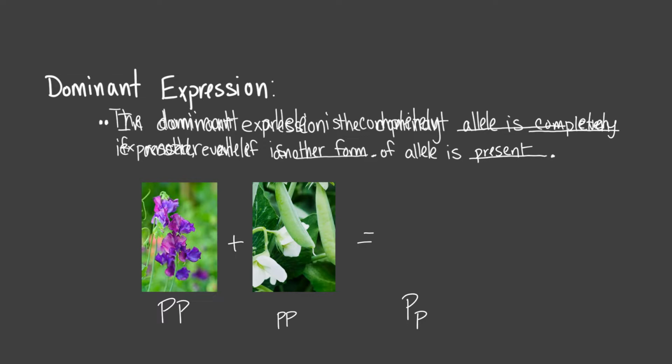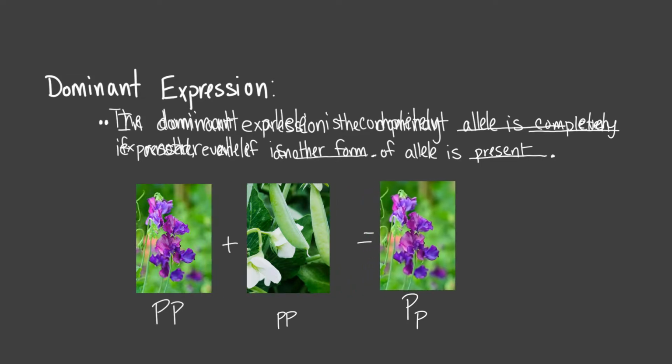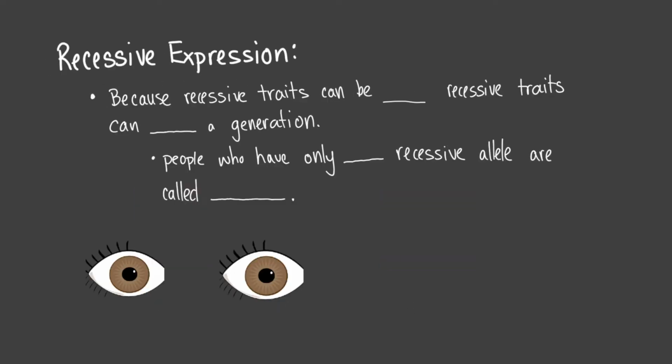However, the offspring would only have purple flowers. It is a dominant expression, so the purple flower is completely expressed. So that's dominant expression.